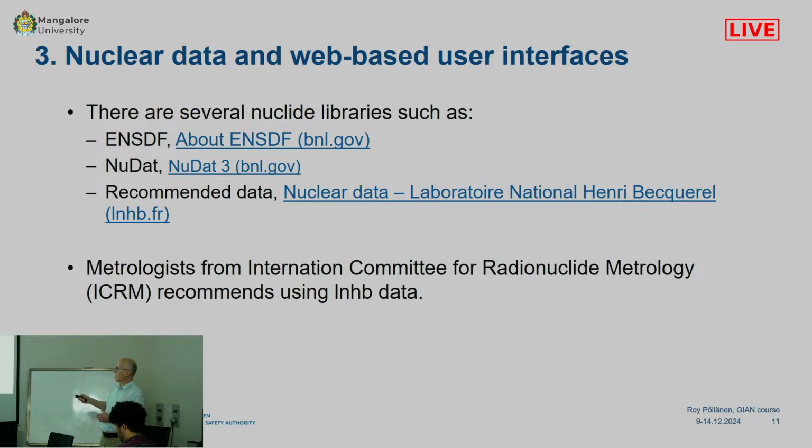This is evaluated data, and I will show you how you can obtain this data. And as I told you, metrologists from the International Committee for Radionuclide Metrology recommend using this data.